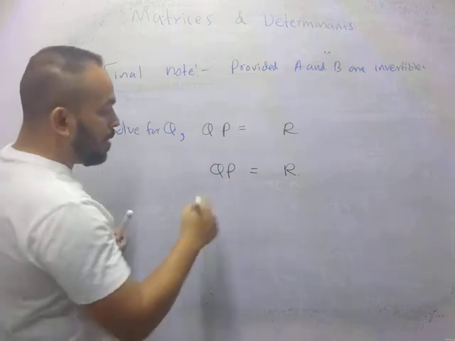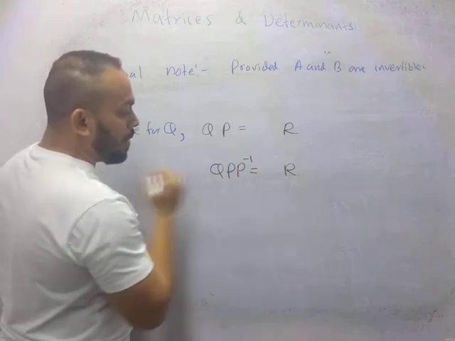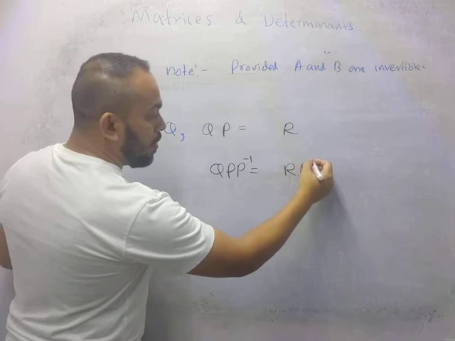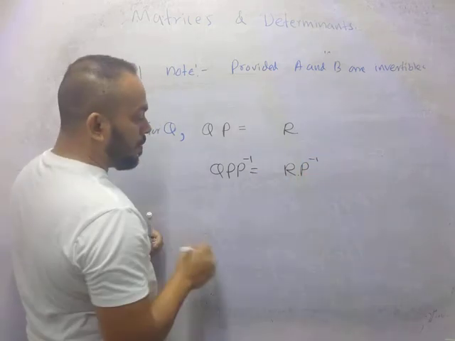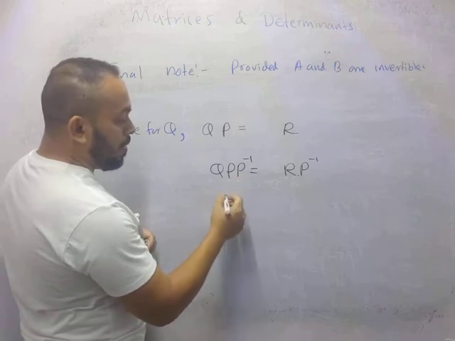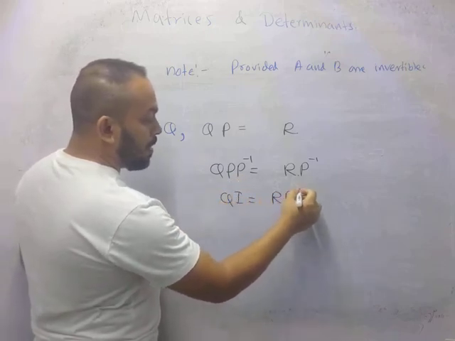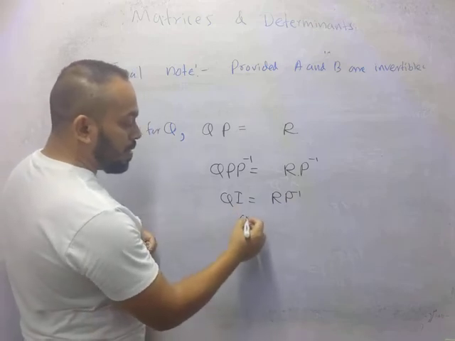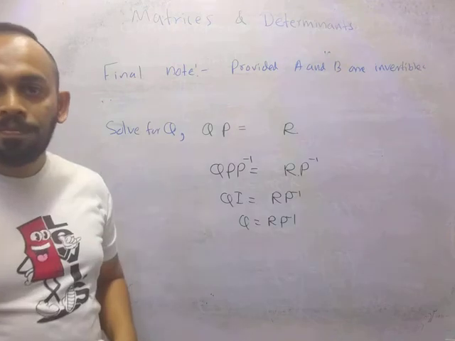Where do you multiply? You multiply from the right. You write P inverse, then here on the right you write P inverse to the right of R. So P P inverse becomes I, then R P inverse. Q times I is just Q. Very simple.